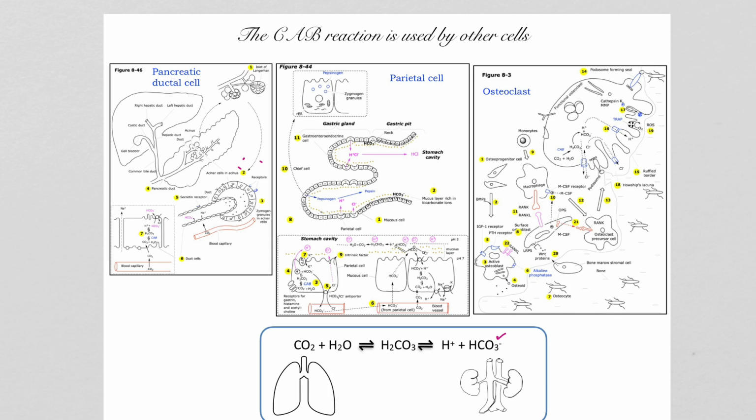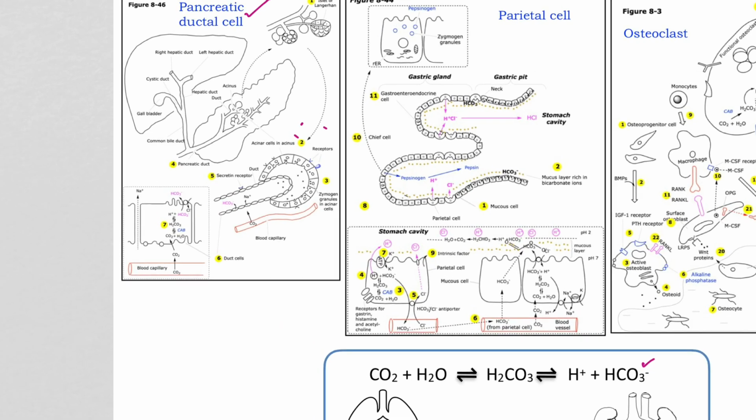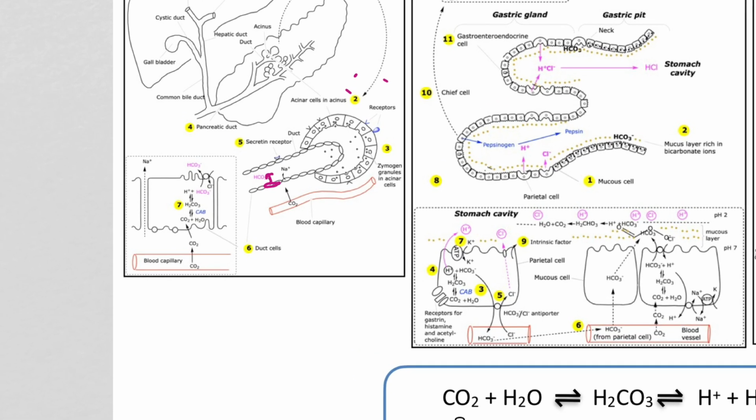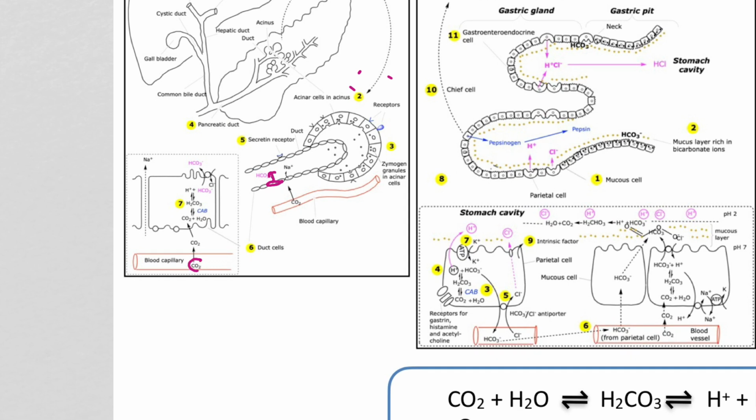Look at the ductal cells in the pancreas. We know one of the functions of these cells that line the ducts of the pancreas is to secrete bicarbonate. And you can see how that happens: the CO2 in your blood capillary is taken up by these pancreatic ductal cells. CO2 combines with water to form carbonic acid, catalyzed by CAB.